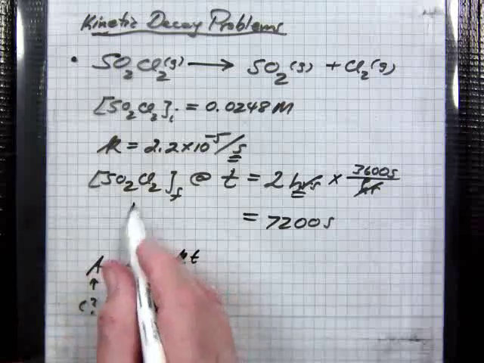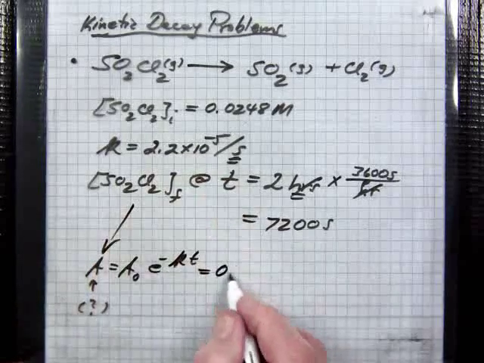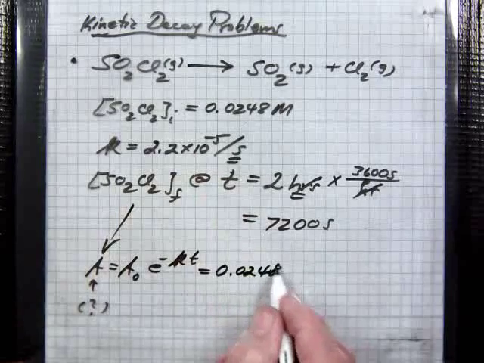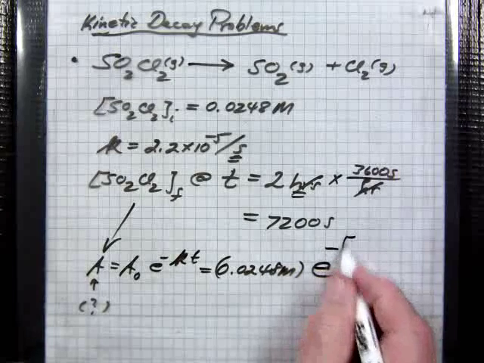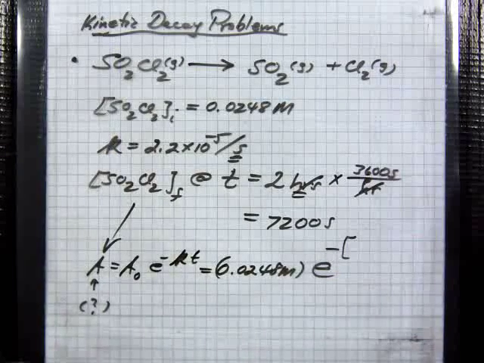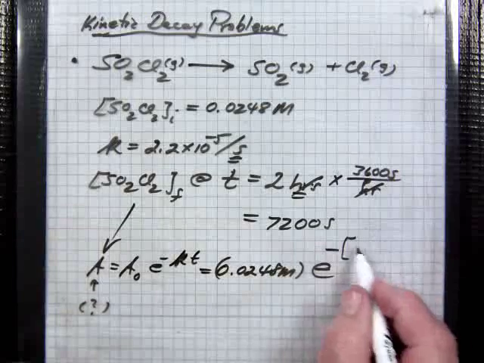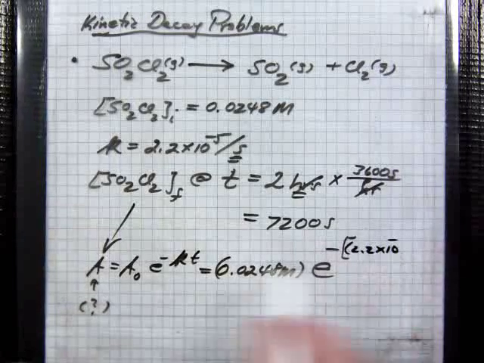And so we substitute the initial concentration, which is 0.0248 molar, and e to the minus. Now, I suggest you bracket this and do what's in brackets first, and then take the negative and then your exponential negative value. So your K value is 2.2 times 10 to the minus 5.